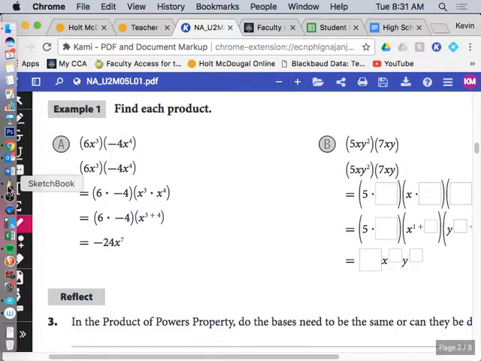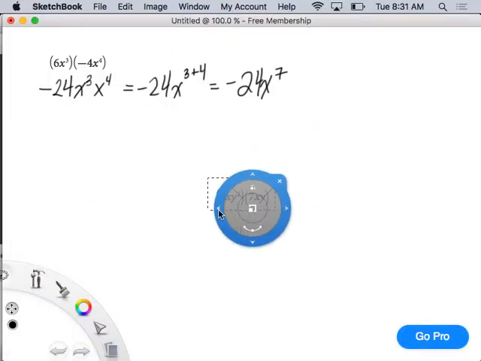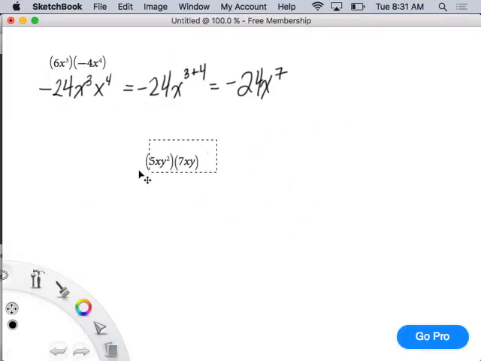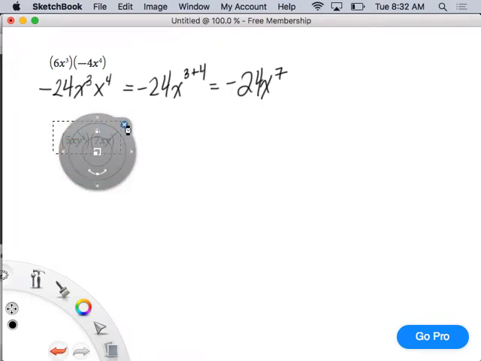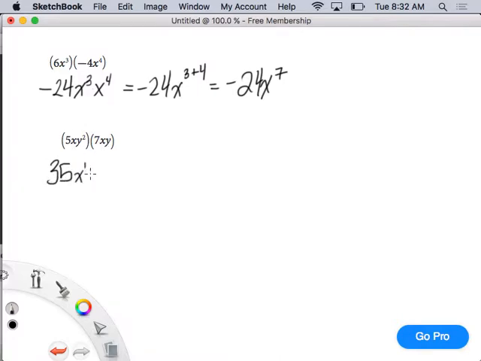Next one is B. And this one you can fill in as you go. 5 times 7 is 35. Then it's x times x, so x to the 1st times x to the 1st times y squared times y to the 1st, right?